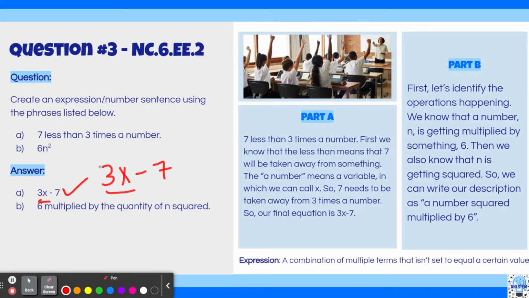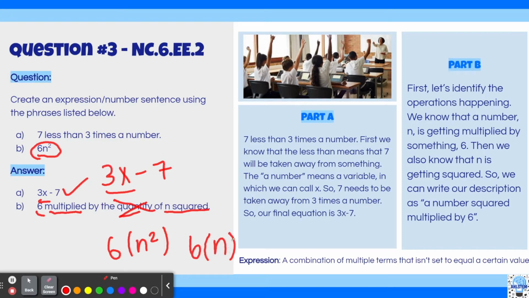And now B, we have to write this in words. So 6n squared. So we have n squared, and we're just multiplying it 6 times. So 6 multiplied by the quantity of n squared. You don't have to say quantity, or you could have, but it pretty much just means the same thing.